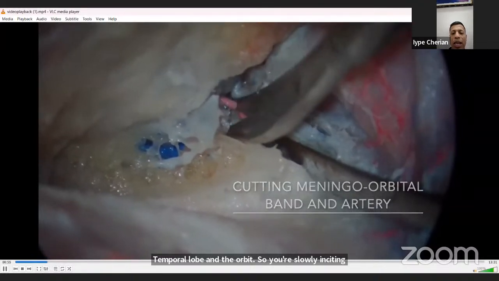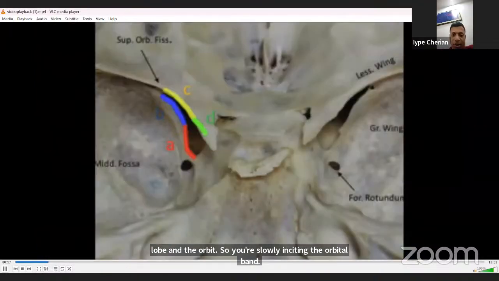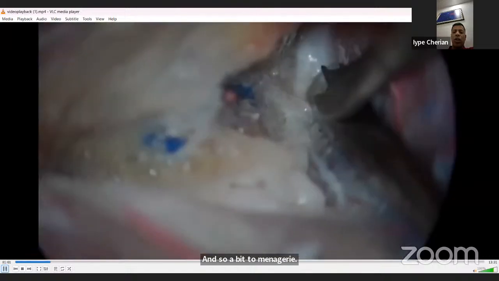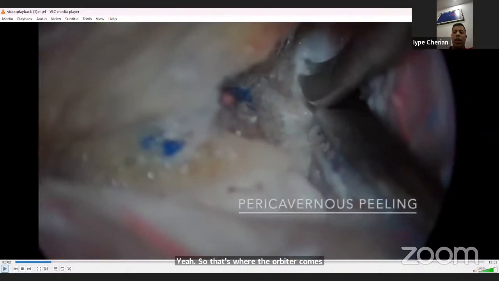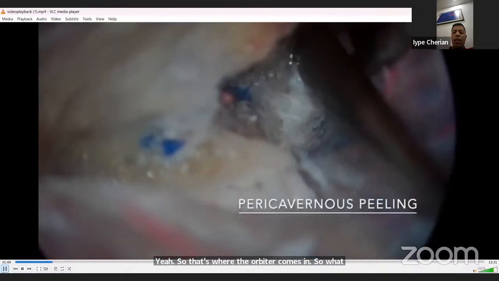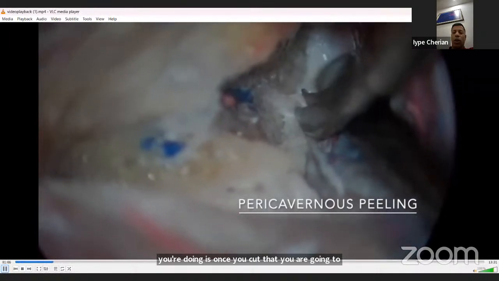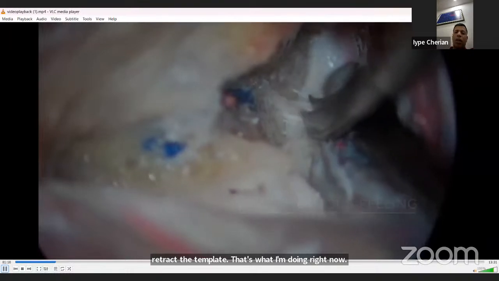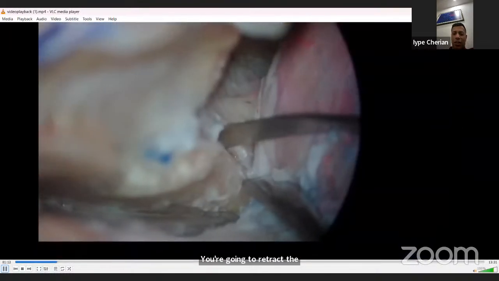That's the orbitomeningeal artery. Yeah, so that's where the orbitomeningeal artery comes in. So once you cut that, you are going to retract the temporal lobe away. That's what I'm doing right now. You're going to retract the temporal lobe away from the cavernous sinus.